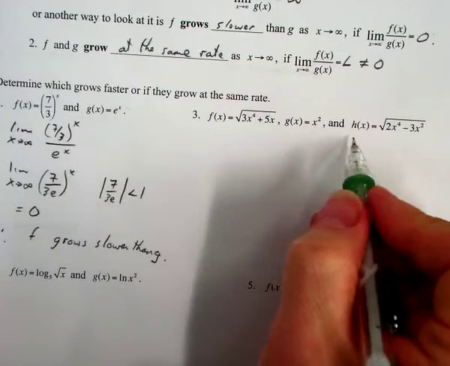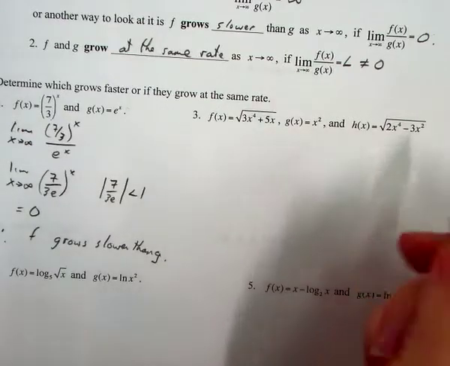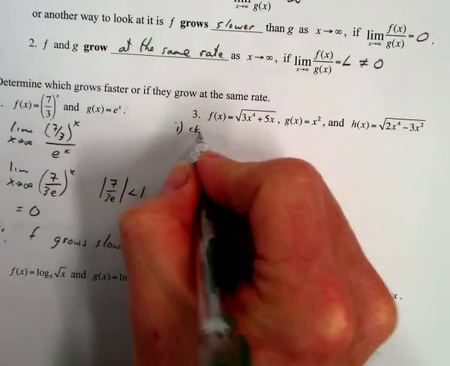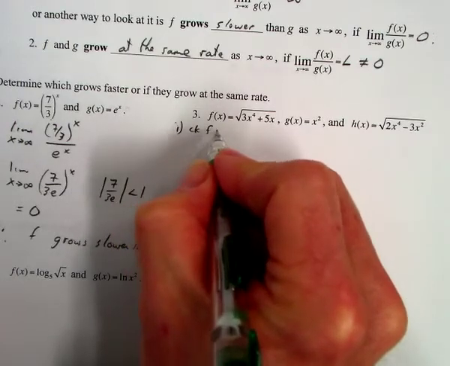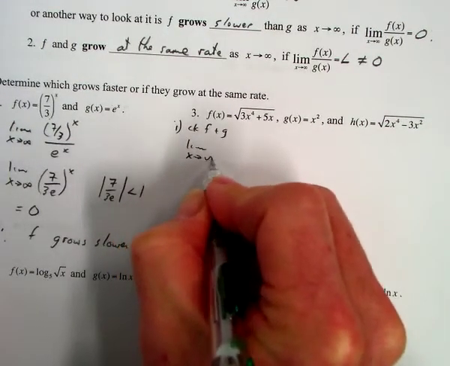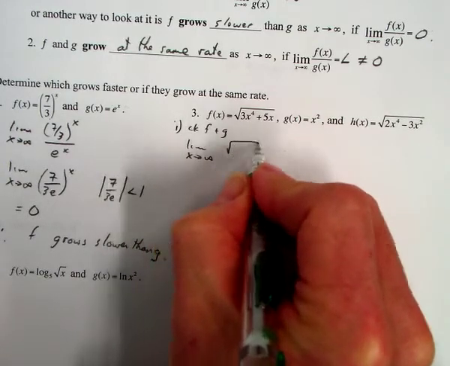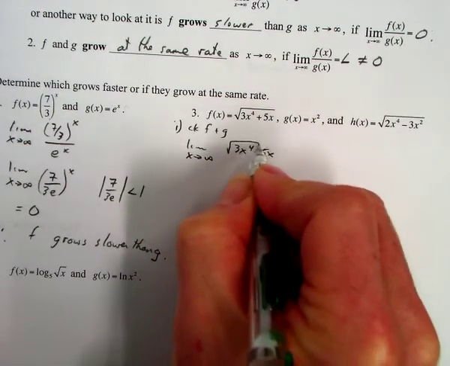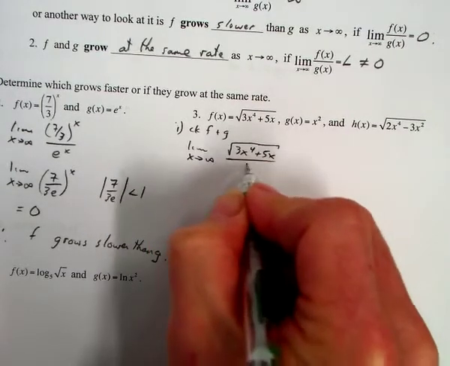So in this one, we're going to compare 3 different functions. So the first thing we'll do is compare 2 of them, because that's all you can do at one time. We'll check f and g. So we'll say the limit as x goes to infinity of the square root of 3x to the 4th plus 5x over x squared.